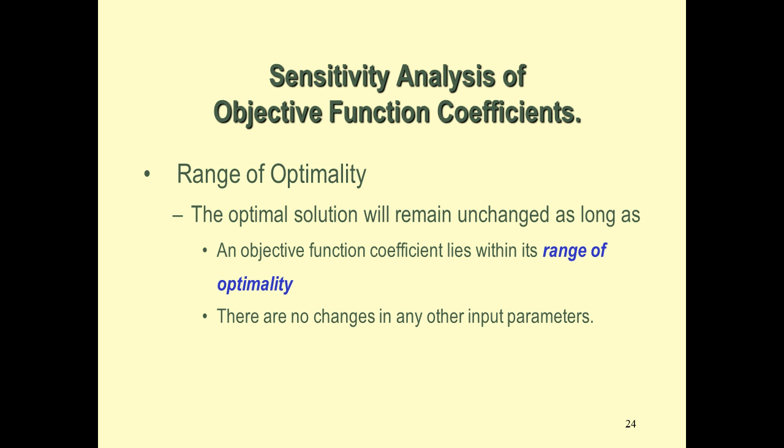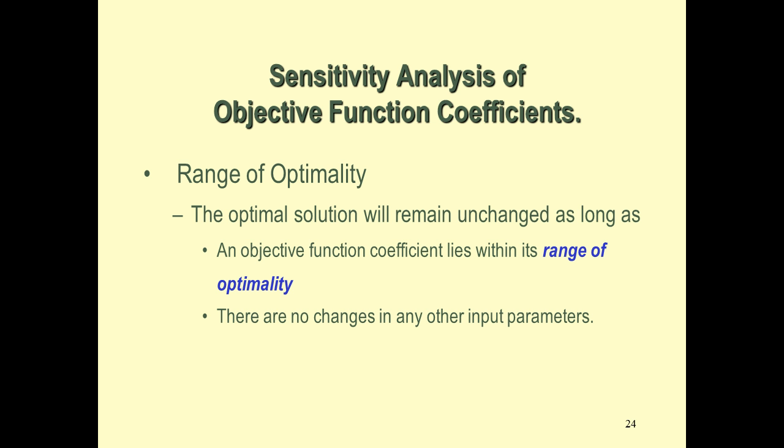The range of optimality says for an objective function coefficient, the optimal solution will not change as long as the objective function coefficient lies within this range of optimality.